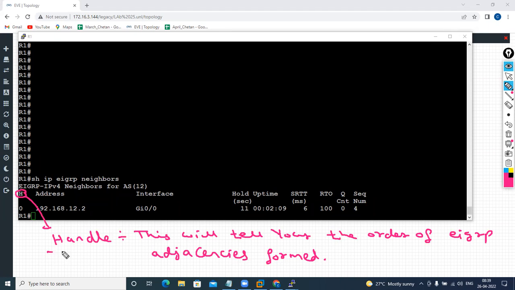Order of adjacency means, 0 means I have formed the adjacency first. Then if there is one more router, then it will show it as 1. So it will show you the order of adjacency.